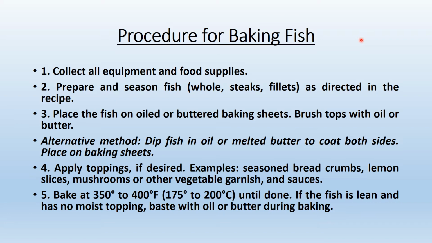Remember, you need to do your mise en place before you start, and we covered what that word means: you have all your needed equipment on hand. So collect your equipment, baking pans which we're going to cover with foil, and food supplies: onions, your fish, butter, oil, mushrooms, jalapenos, or whatever you want to top your fish with. So that is the first thing you need to do.